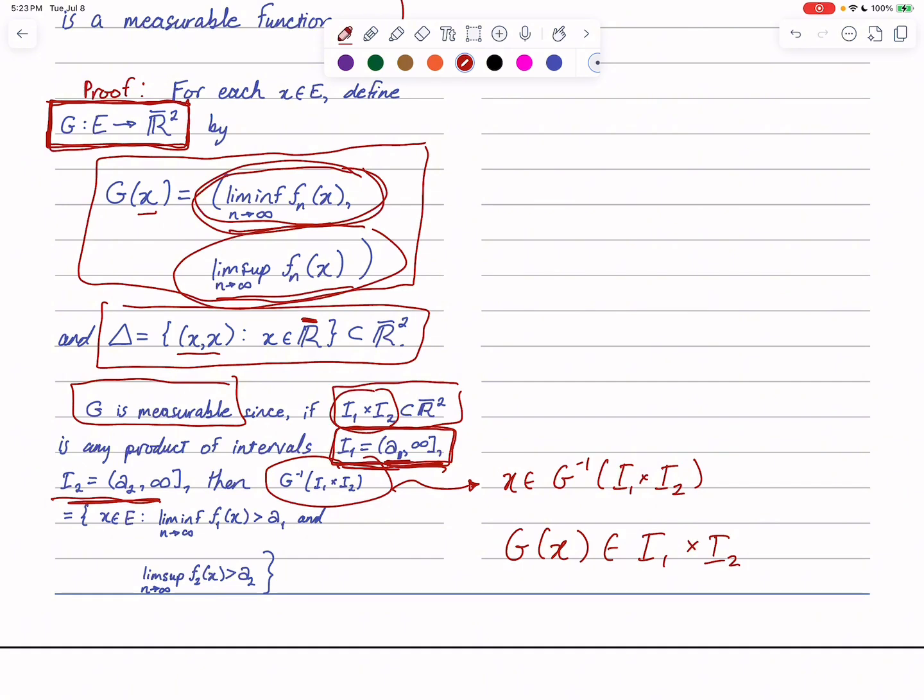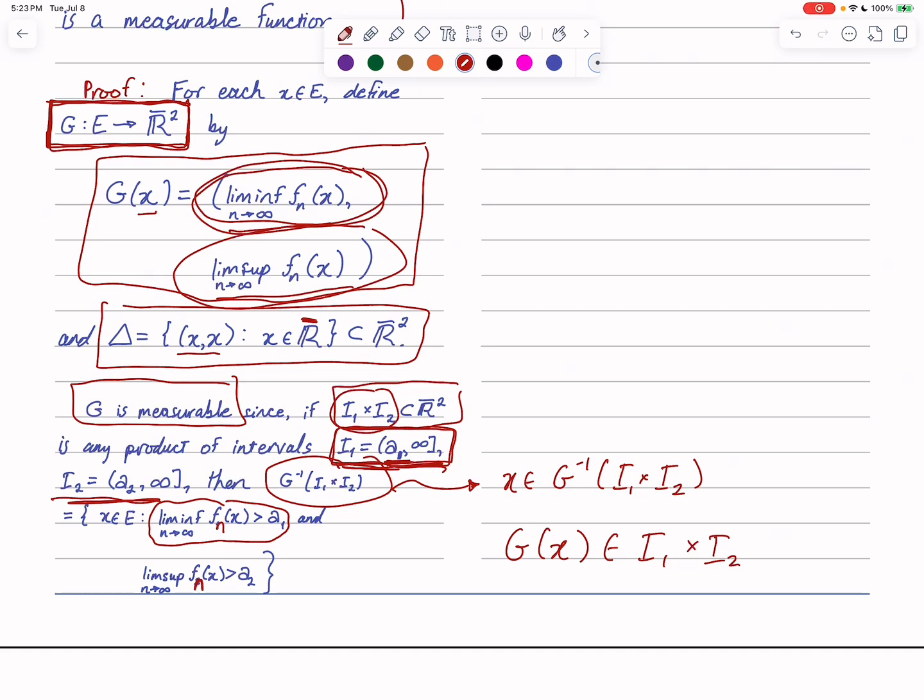So long story short, the lim inf of F1, or sorry, Fn, where did I come up with 1 and 2? Anyway, these should be n's. So the lim inf of the Fn sequence should be bigger than A1.